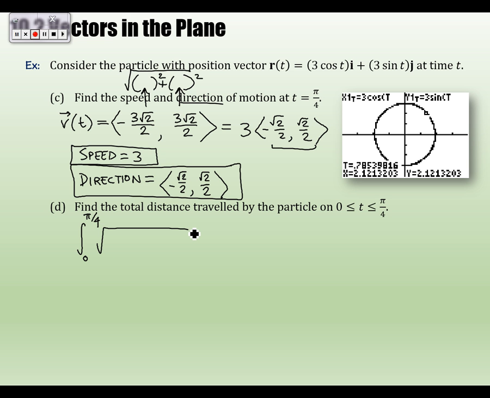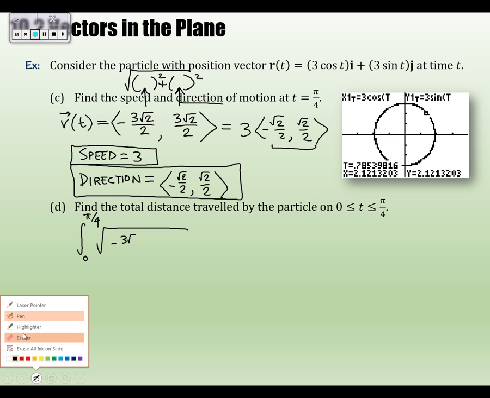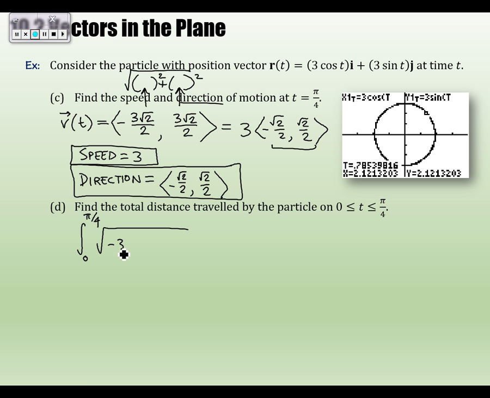Square root of, it'll be negative 3 sine t squared, 3 cos. Do you see what I'm saying? Can you do this one by hand, maybe? Because the stuff in here nicely reduces. But you can also hammer it into your calculator and you get the answer.